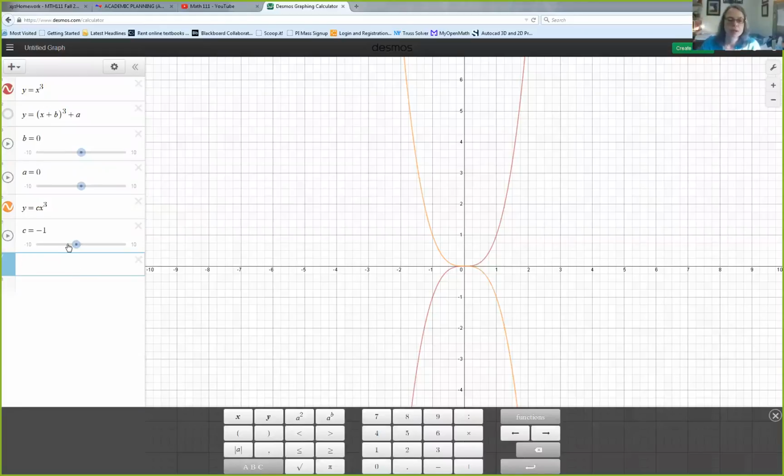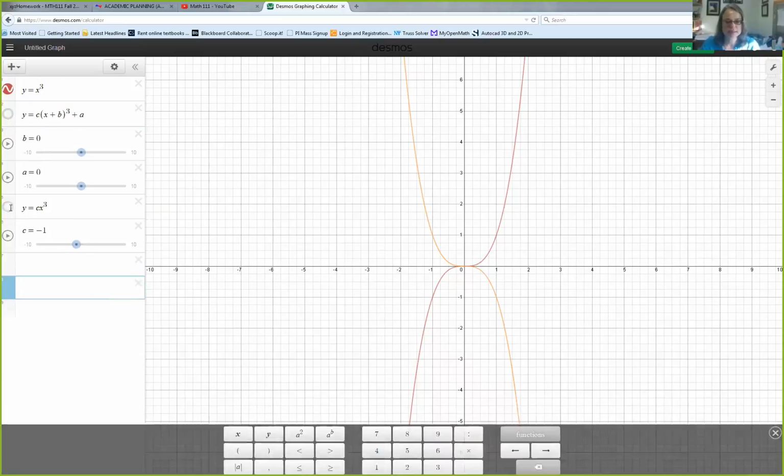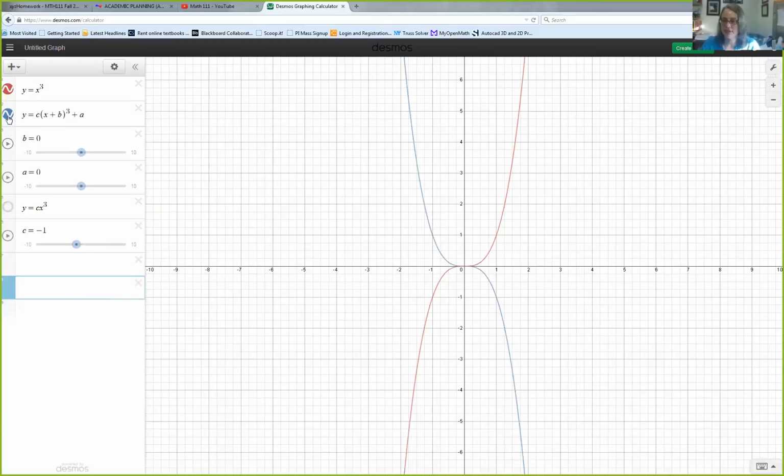Okay, so like everything else now, we can combine all of these effects together. I'm working now with my same function.